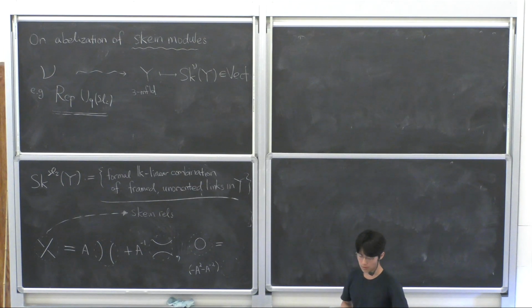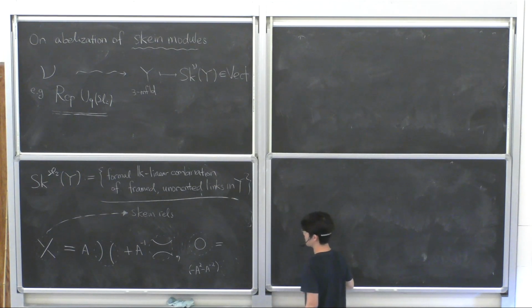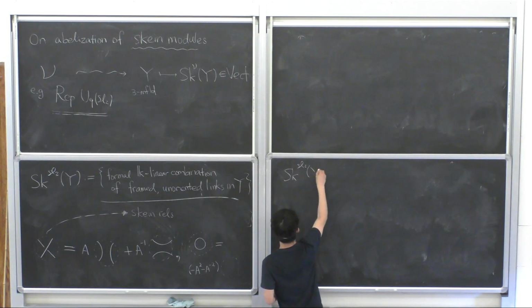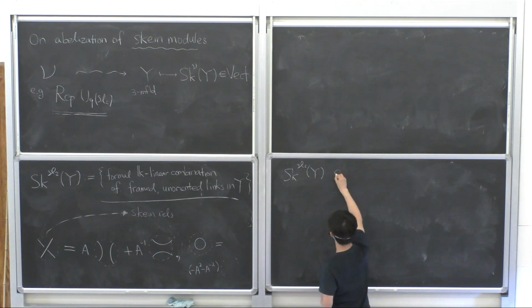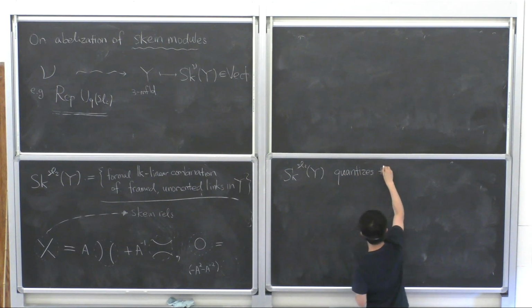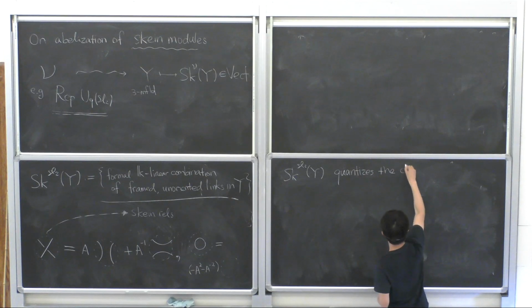Skein modules for three-manifolds are supposed to be the Hilbert space associated to three-manifolds in Kapustin-Witten theory, etc. But for our purposes, probably the most important feature of Skein modules is the fact that the Skein module quantizes the character variety.